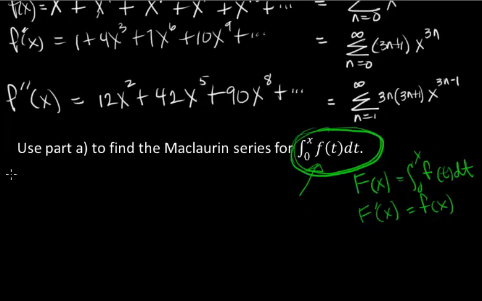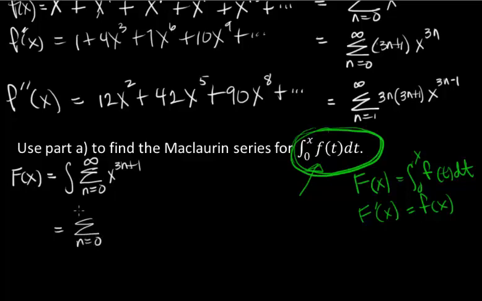So I will say capital F of x will be equal to the integral of the sum from n equals 0 to infinity of x to the 3n plus 1 from part A. And that, I know, is equal to, I can integrate term by term, the sum from n equals 0 to infinity, and now integrating here, I will get x to the 3n plus 2, and I multiply by its reciprocal, 1 over 3n plus 2.